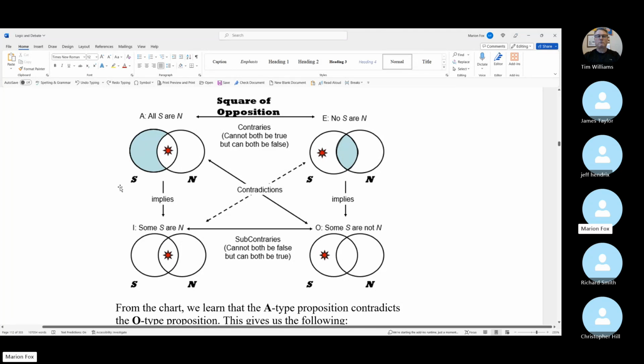Now I have to give an illustration of it. A good illustration is that some S are P does not imply that all S are P. You need to think of something that is true about that. Some people who believe are saved, but not all people who believe are saved. Is that true?